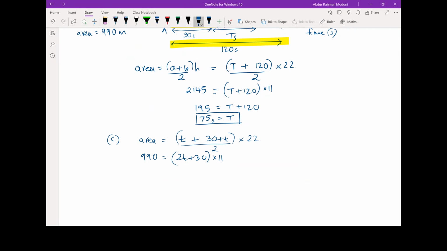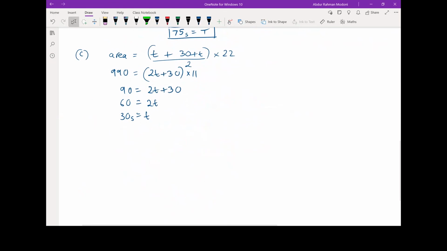So we go and do 990 divided by 11, and that gets us 90. So 90 is equal to 2t plus 30. And then we got 2t is equal to 60, and t is equal to 30 seconds.